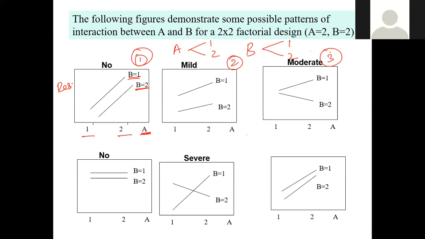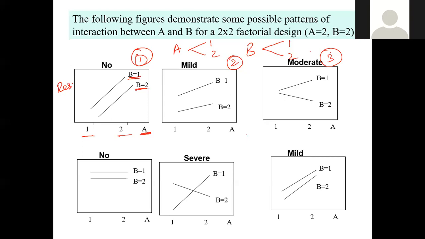Mild means very light. Severe means very deep. So similar kinds of terms: mild interaction, severe interaction, and moderate interaction. So these are the different interaction types.